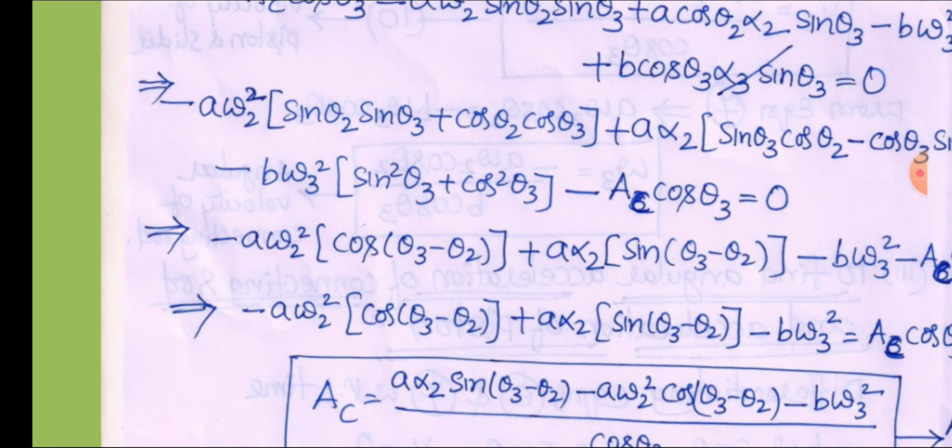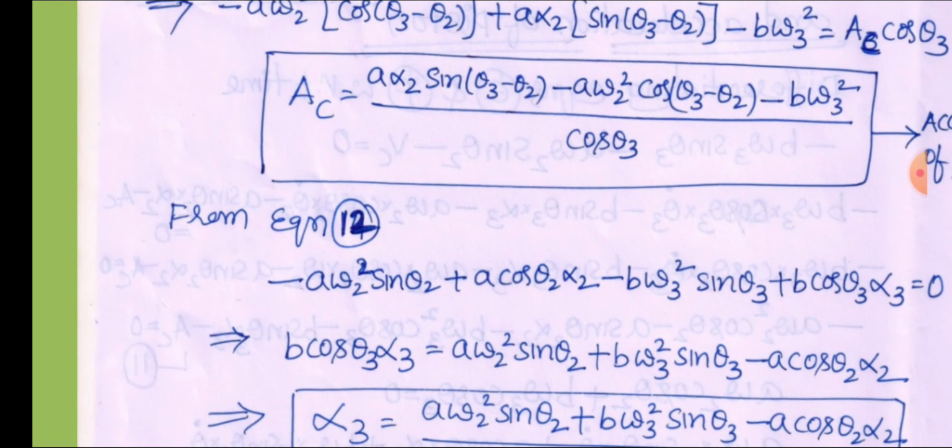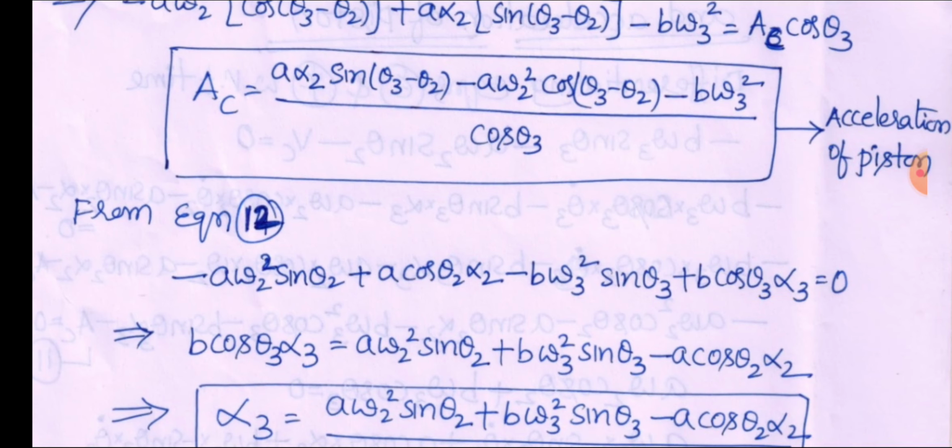So, what is equation 12? Minus A omega 2 square sin theta 2 plus A cos theta 2 alpha 2 minus B omega 3 square sin theta 3 plus B cos theta 3 alpha 3 is equal to 0. Now, because I got the acceleration of the slider, that is AC, one more acceleration, the angular acceleration of the connecting rod, that is alpha 3, I should calculate.